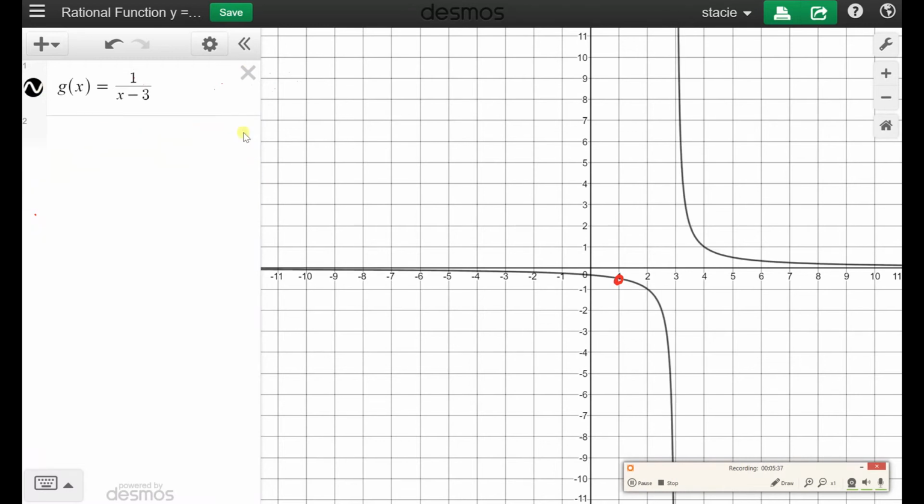What's the horizontal asymptote? Okay. So the horizontal asymptote, what is the value as, what's the end behavior is basically what you're asking.